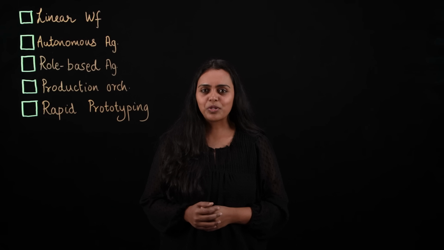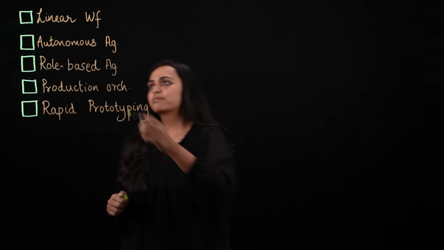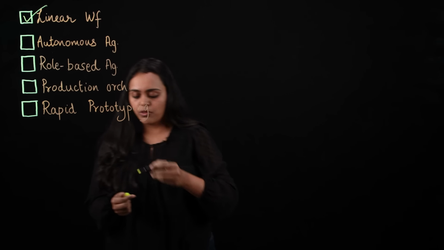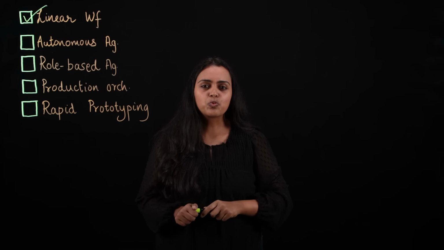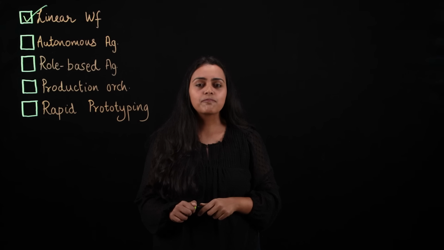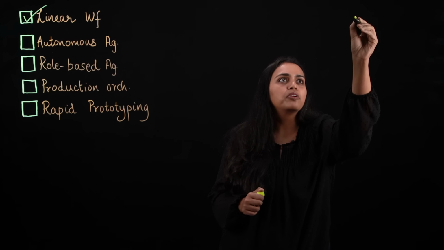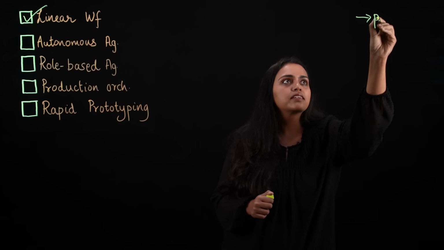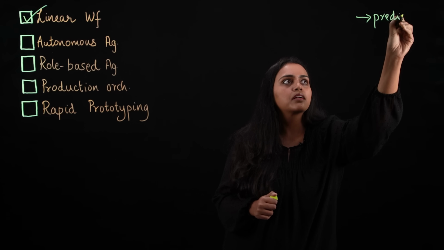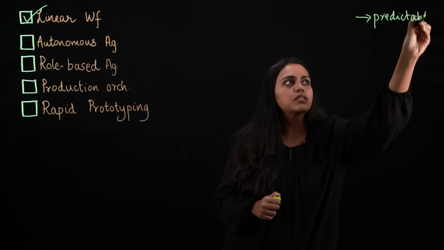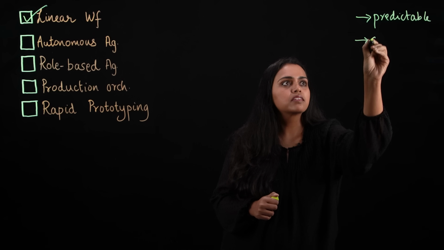Let's start with the simplest one, linear workflows. Now, this type of an agentic AI system is where things progress in a step-by-step fashion. It is more predictable what's going to happen next. And the steps follow a certain sequence.